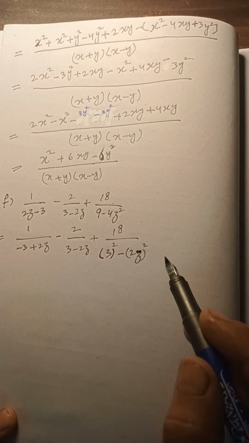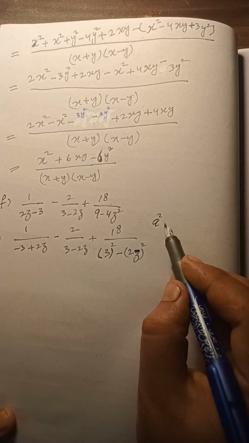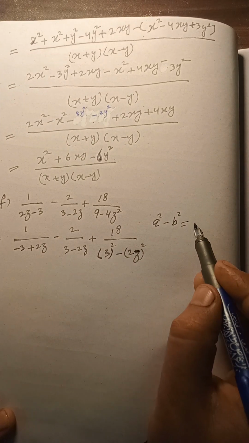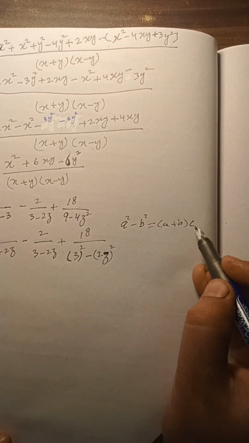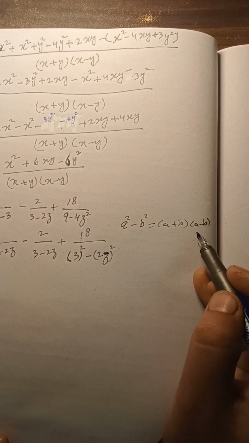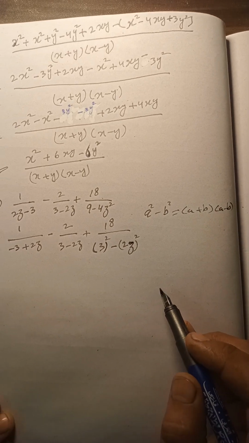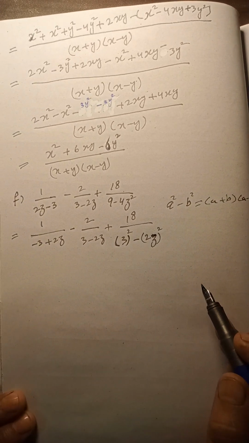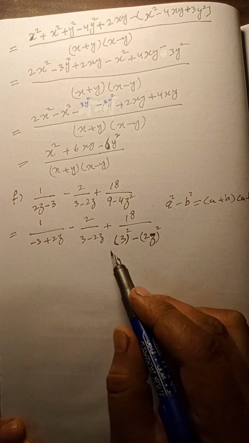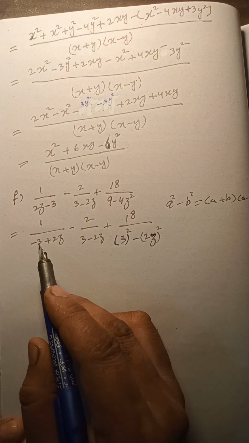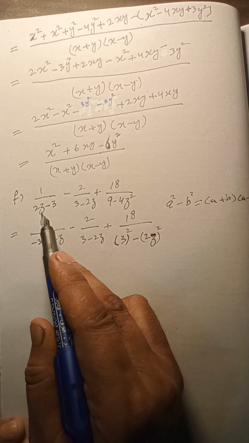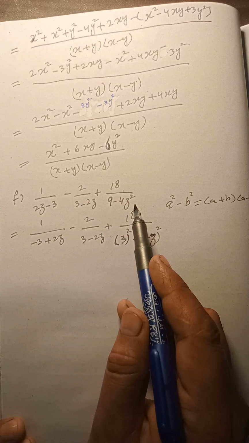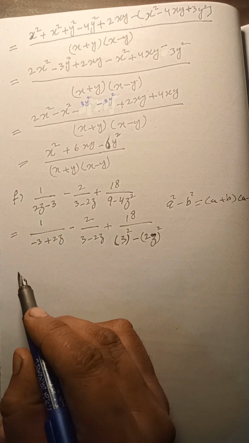So I have applied here the identity, just like a square minus b square is equal to a plus b and a minus b. In the same way, I have applied the identity here and I have written it here. I have changed its place, minus 3 first and 2z later, because these were in the same arrangement.